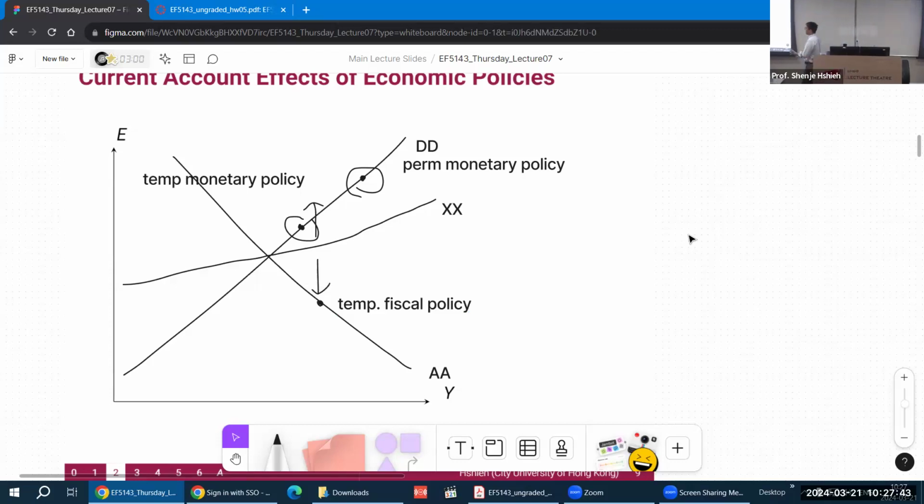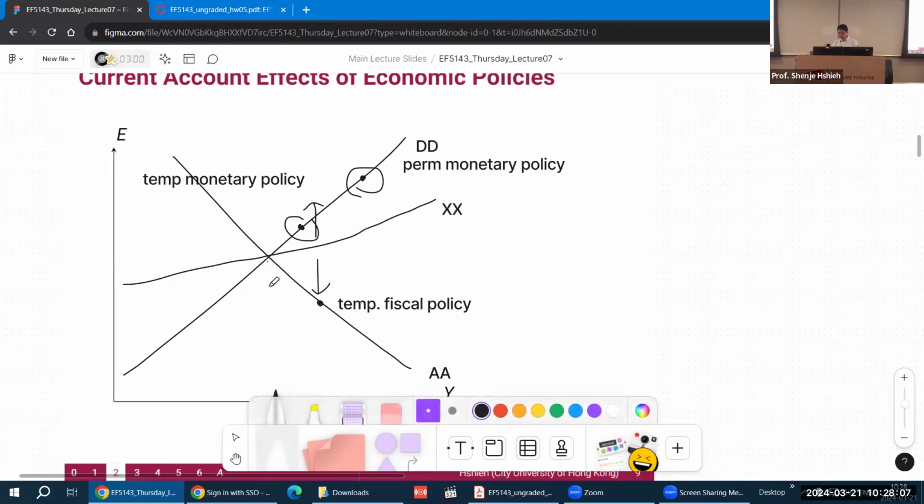So depending on where the X curve is, you can now think about what kind of policy to implement to hit that target, right? So if, for example, the X curve shifts up, monetary policy can be conducted to hit that target quite easily. You can imagine it now, right? I'm missing one more.